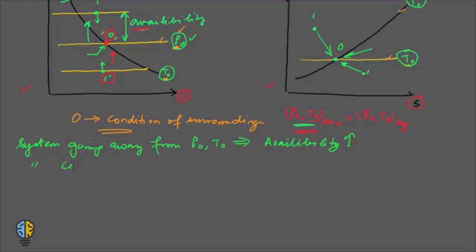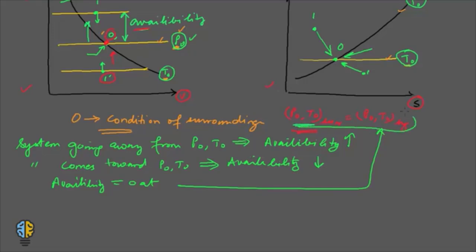And when the system comes toward the surroundings, that is P0 T0, the availability decreases, and the availability becomes 0 at the juncture when the surroundings and the system are in equilibrium, that is, they have equal pressure and equal temperature, that is, pressure equilibrium and thermal equilibrium.